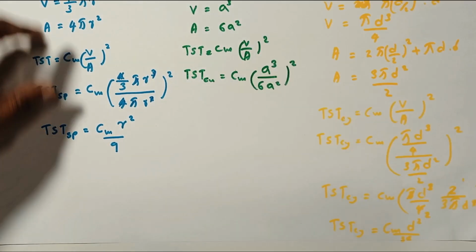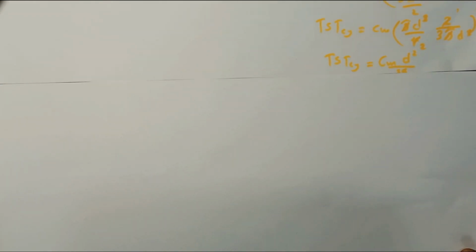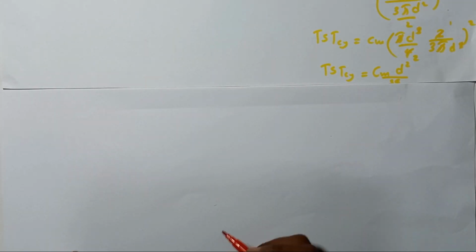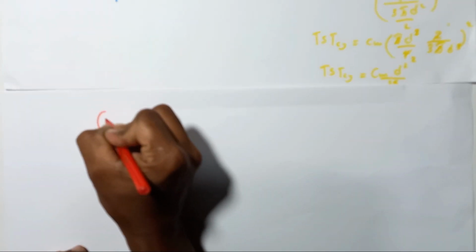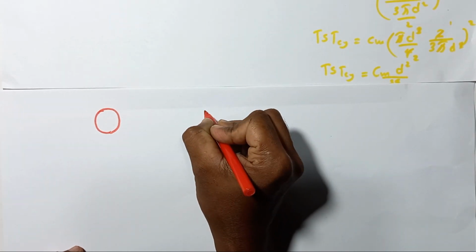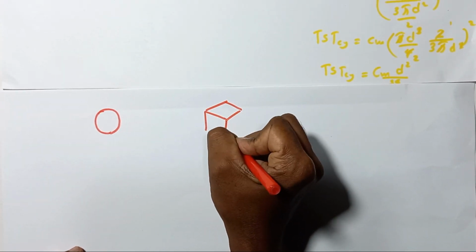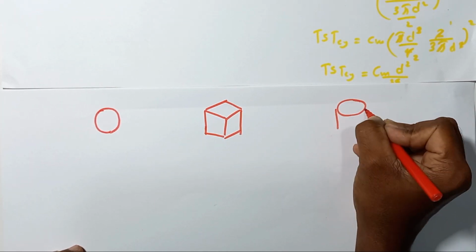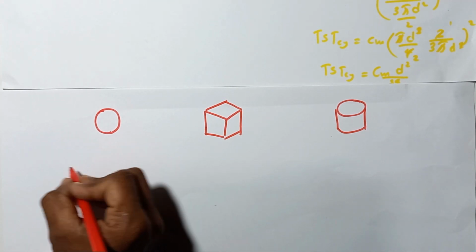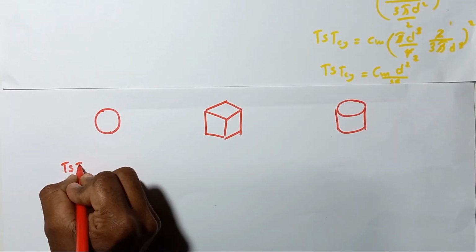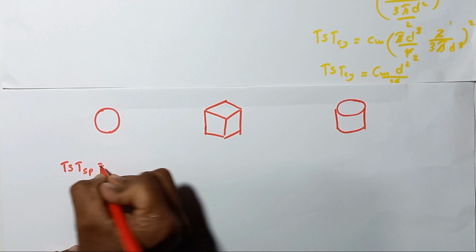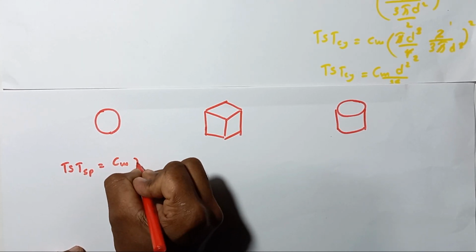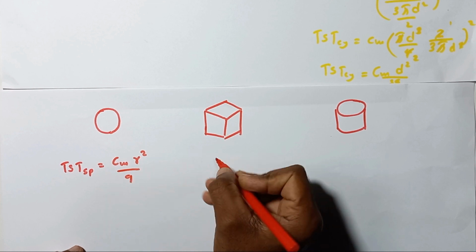Okay, now we have three equations for solidification times. Let me summarize what we obtained so far for our castings, three different shapes: cubical, spherical, and cylindrical. The total solidification time for the sphere is Cm R squared divided by 9.